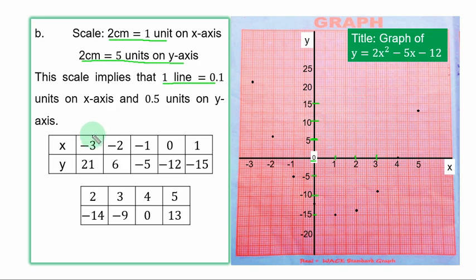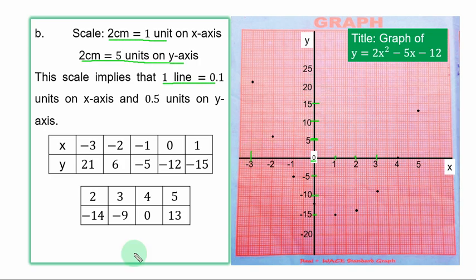When s is minus 3, y is 21. So this is minus 3 here. Like I said, on the y-axis, 2 lines will give you 1, because one line is 0.5.